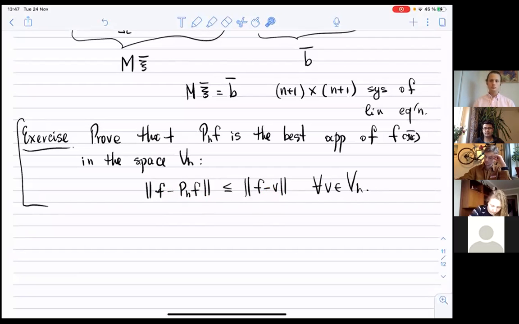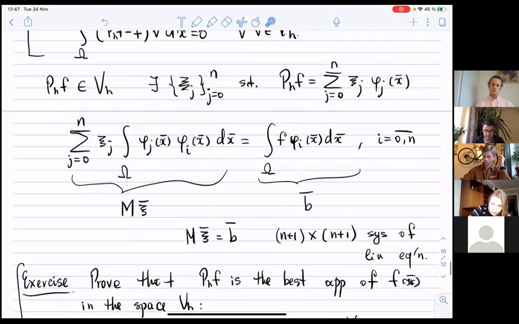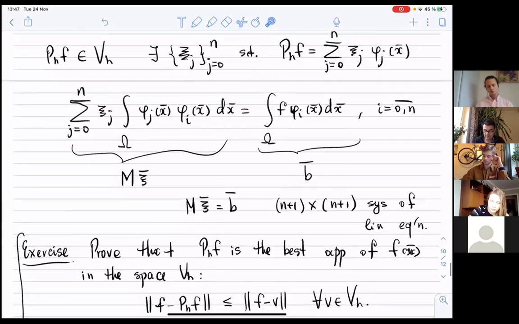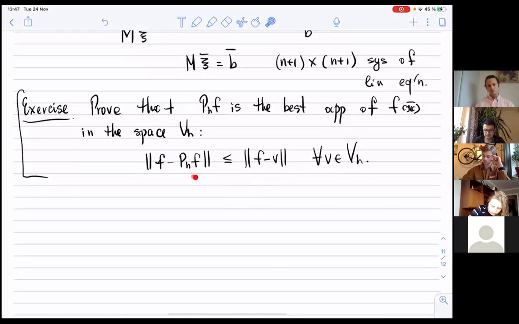Then you split the integral of the sum into the sum of the integrals, and you use Galerkin orthogonality. Orthogonality means that this error is orthogonal to the finite element space. Then you end up with this formulation. So I just leave it to you as an exercise.